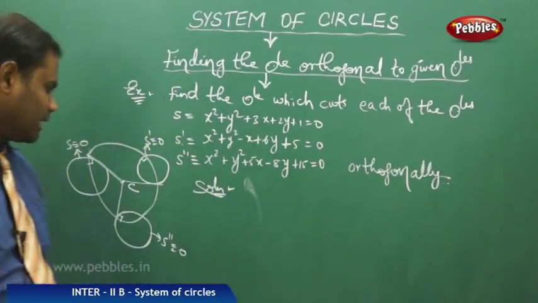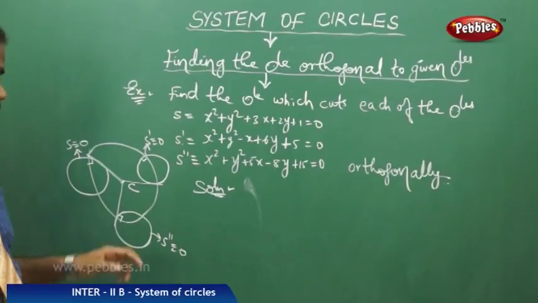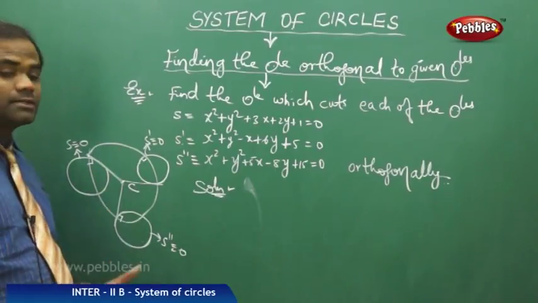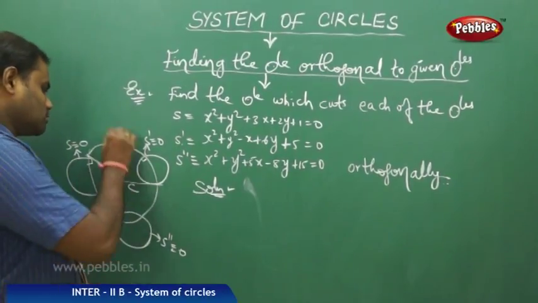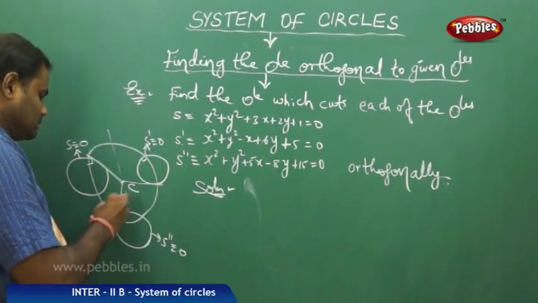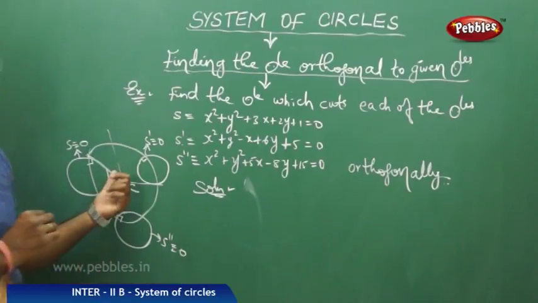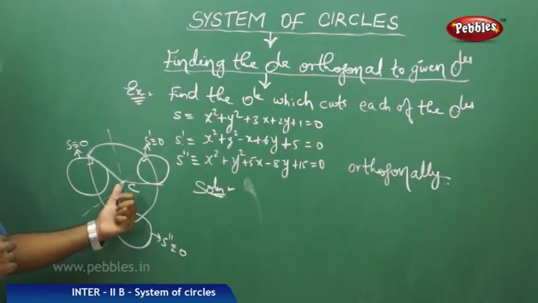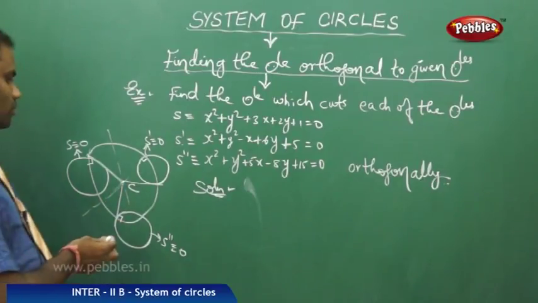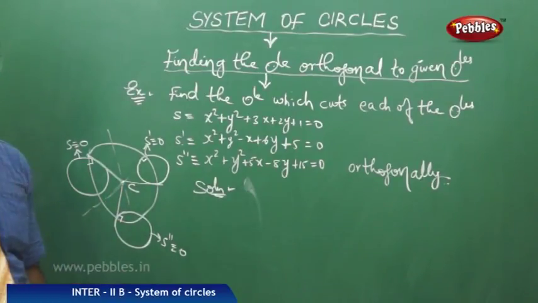In order to find the radical center, my target is to first find the radical center and the length of tangent. To find the radical center, I find the radical axis of this pair and the radical axis of one other pair, and then the point of intersection of the two radical axes gives me the radical center. It is your choice which pairs of circles you take.